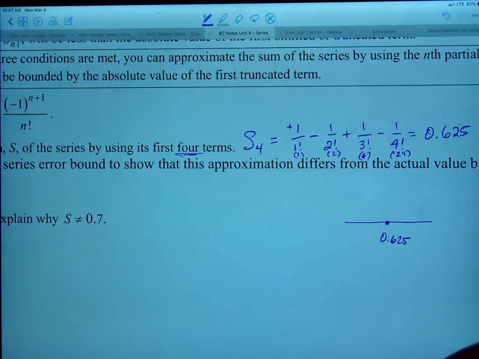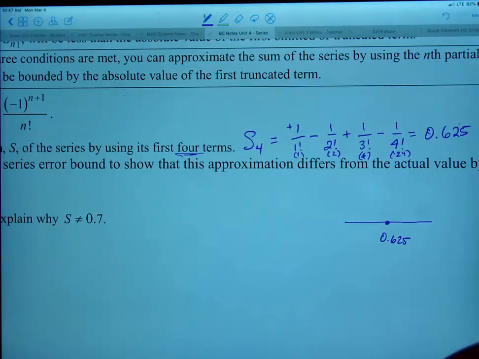Do you remember what the 2 kinds of series are that we can find the sum of? Geometric and telescoping. Very good. 0.625 is close to the sum because as we keep going, the terms are getting smaller and smaller. So you're adding on or subtracting off tiny, tiny numbers.